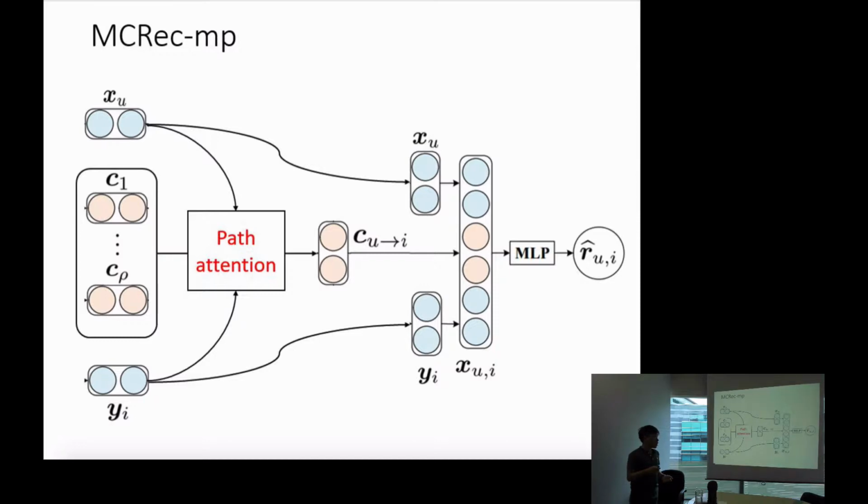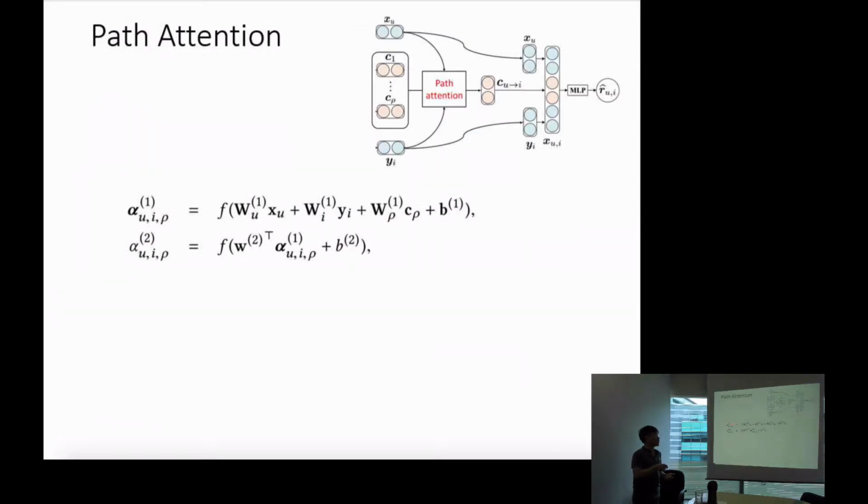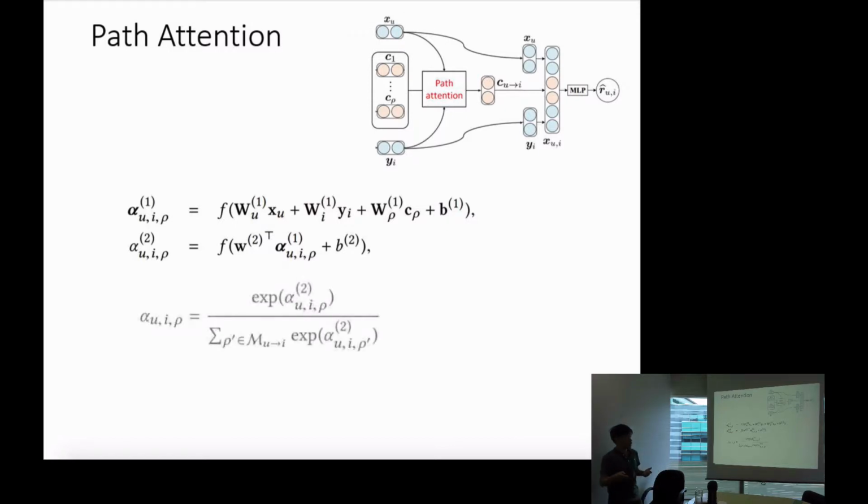So how do they do the path attention here? Actually, it's a two-layer multi-layer perceptron to calculate the attention weight for each metapath. In the first layer, they have the user embedding, the item embedding, and the embedding of that metapath. Then they have the activation here, and after this they have another layer which outputs the score for this user, item, and path. After that, they normalize it.